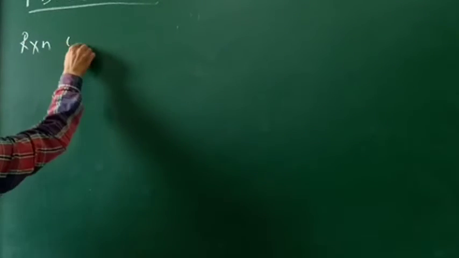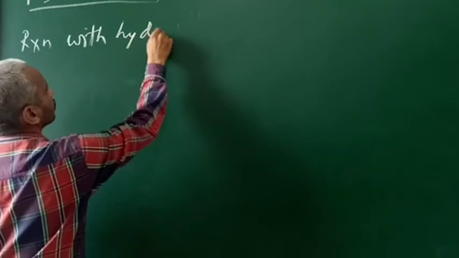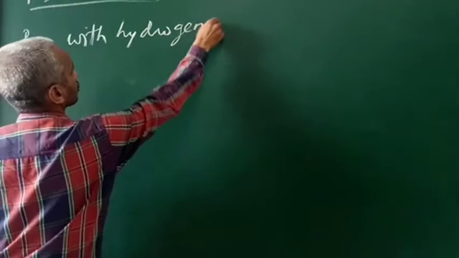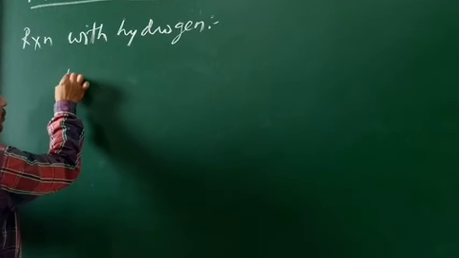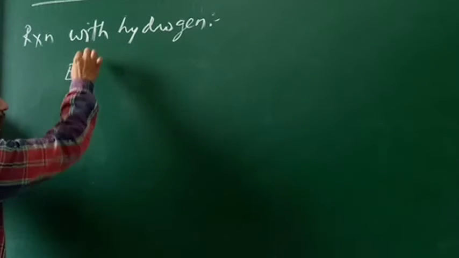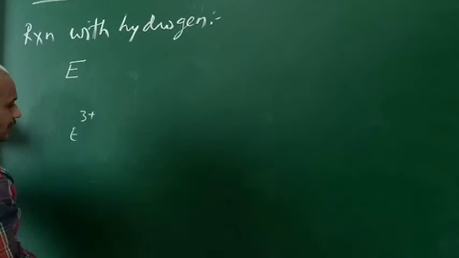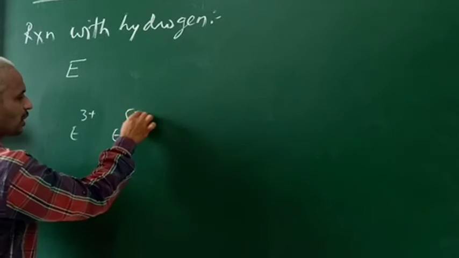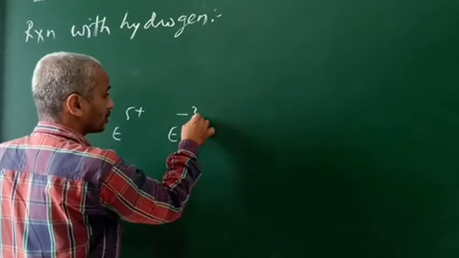So, reaction with hydrogen. If I consider the 15th group element as E, what must I know? They have the E3+ state, the E5+ state for a few, and E minus 3 states.